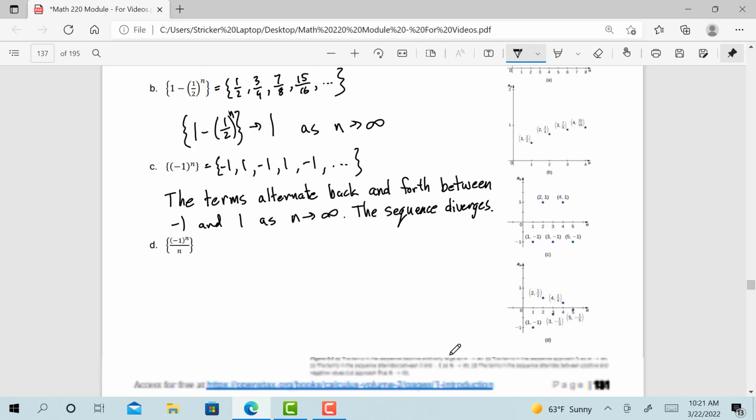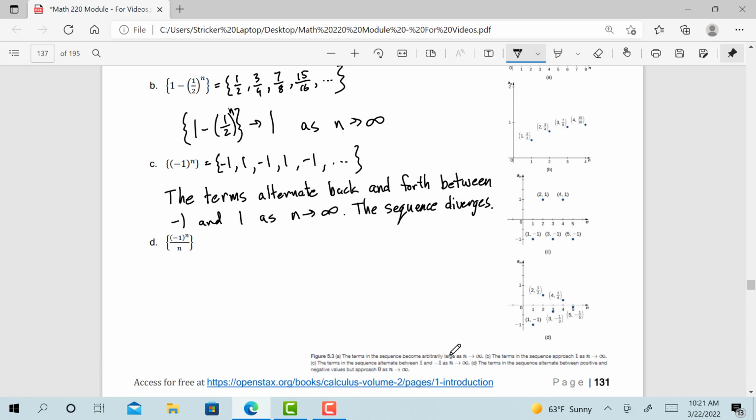Okay, and the last one, although it does alternate back and forth between positive and negative values. In this case, let's write out those terms. So we have -1, +1/2, -1/3, +1/4, -1/5, and so on.